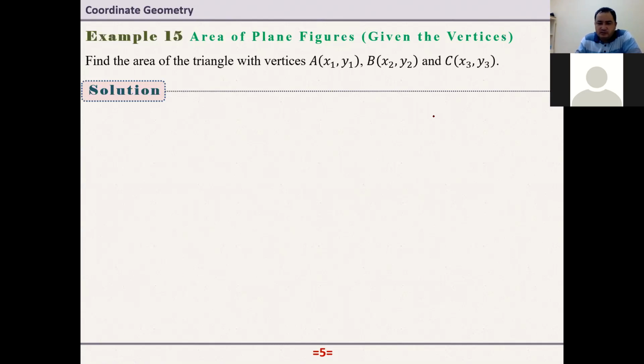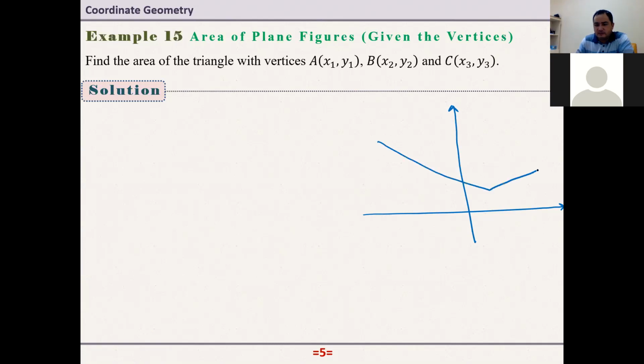So assume that we are given a triangle something like this. Let's say our triangle is something like that. And let's say this point is A, and this point is B, and this point is C. And this one is our x-axis, and this one is the y-axis.